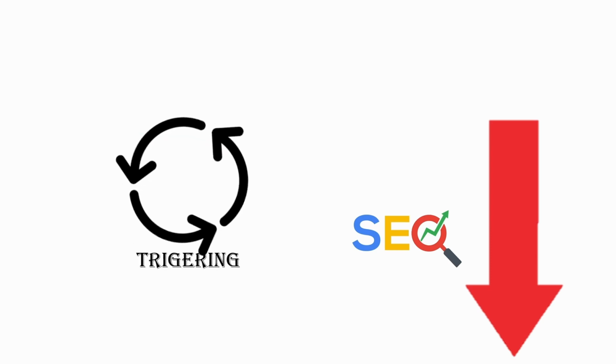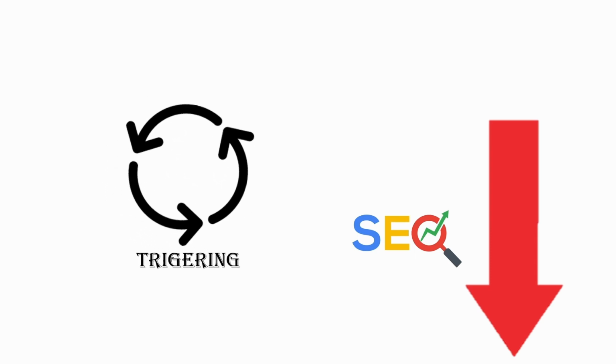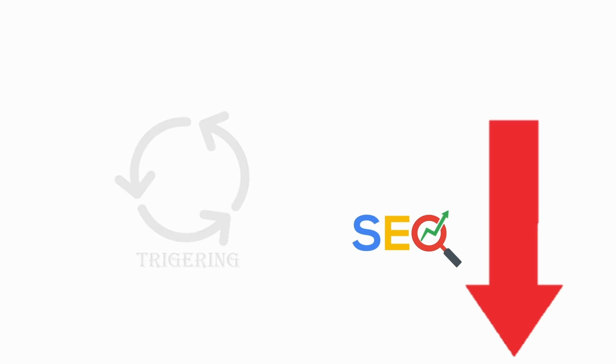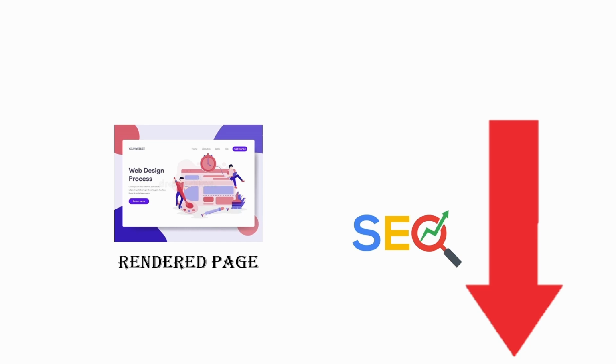After triggering, data will start to be fetched and the page will be rendered. This whole process happens on the client side itself. Due to this process, SEO is going to be in a downfall. So you have to use client-side data fetching where you don't need SEO, or where you don't need pre-rendered data, or where your data is updated frequently.